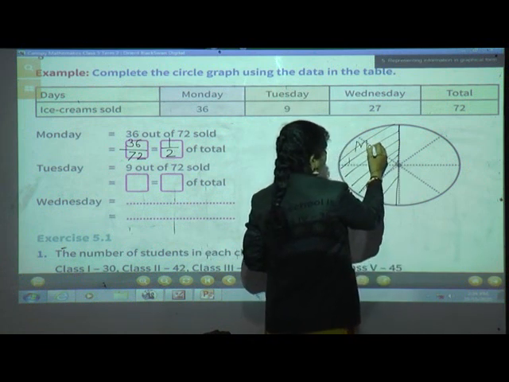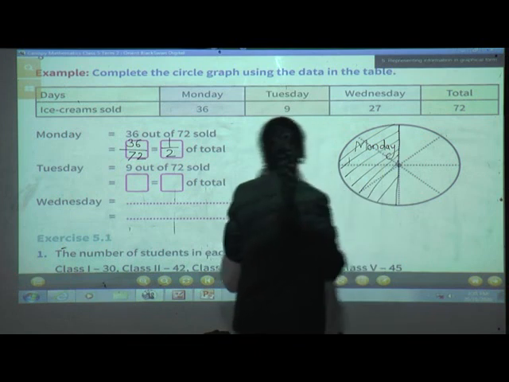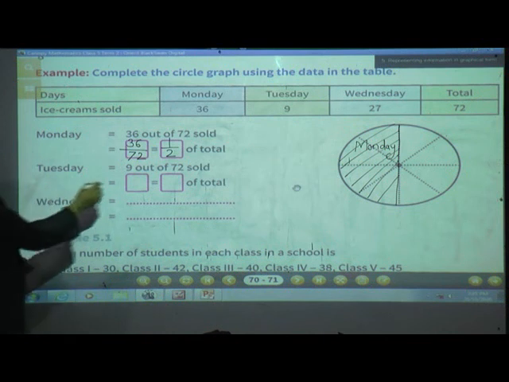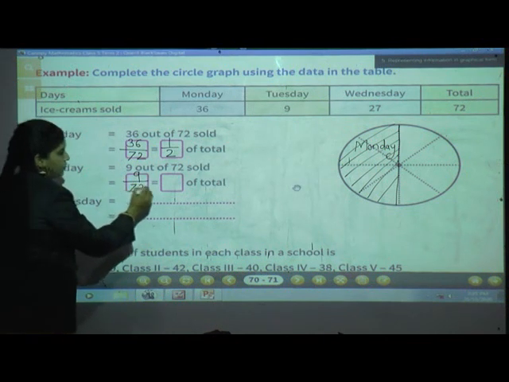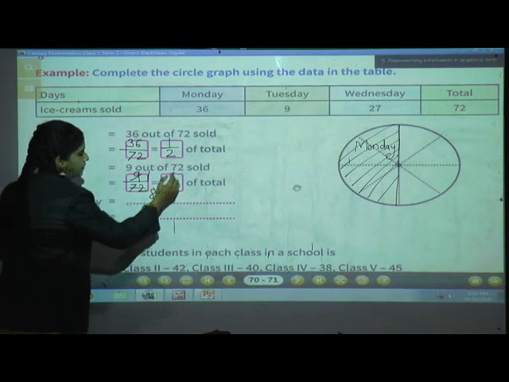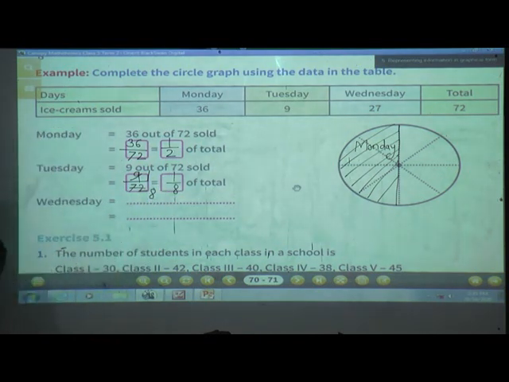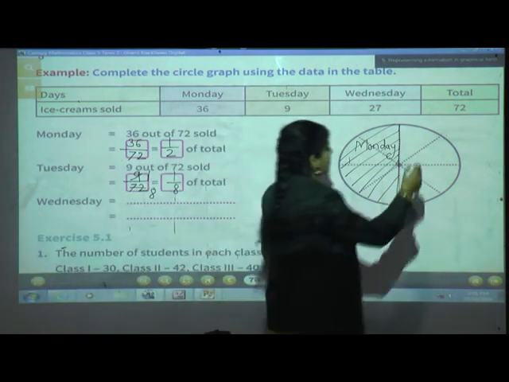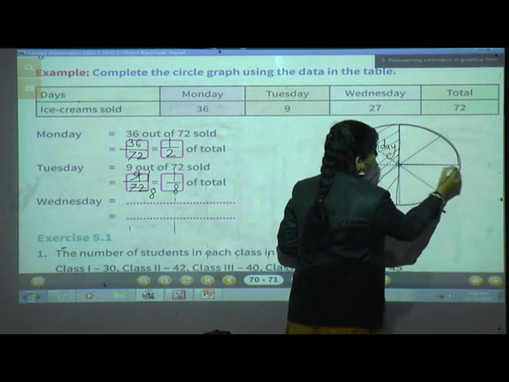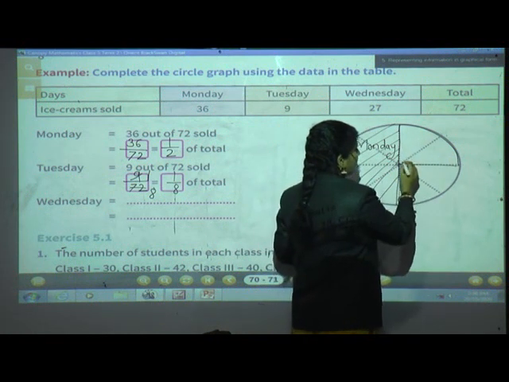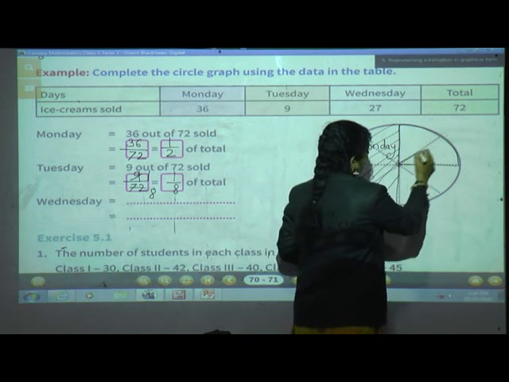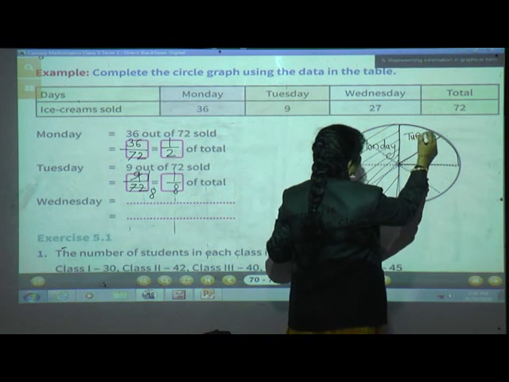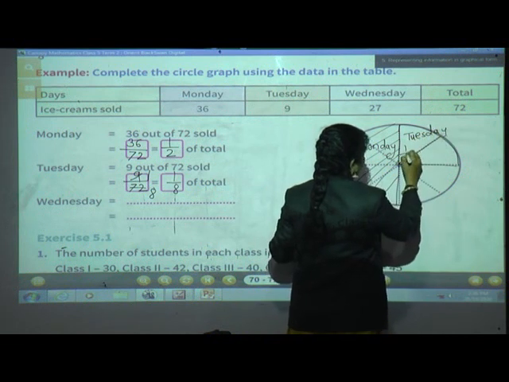Monday. Okay. Now Tuesday, 9 out of 72, that means 9 upon 72. So if we divide it, we will get 1 upon 8. That means here 1 upon 8, that means this one will be 1/4, and 1 upon 8 means half of a 1/4. So that's why Tuesday 1 upon 8.